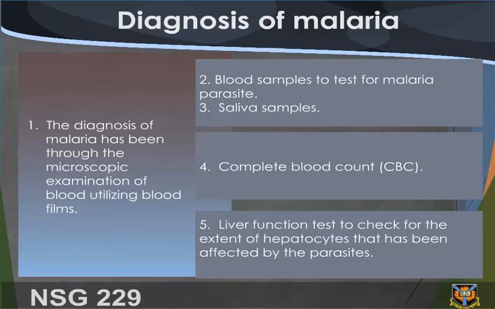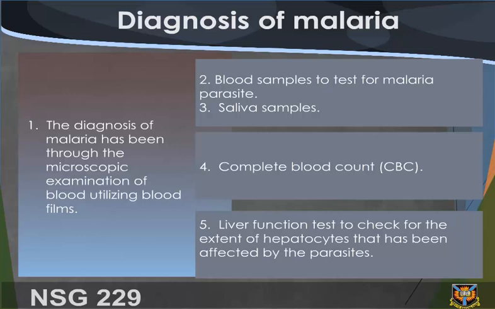Diagnosis of malaria. 1. The diagnosis of malaria has been through the microscopic examination of blood utilizing blood films. 2. Blood samples to test for malaria parasites. 3. Saliva samples. 4. Complete blood count, CBC. 5.